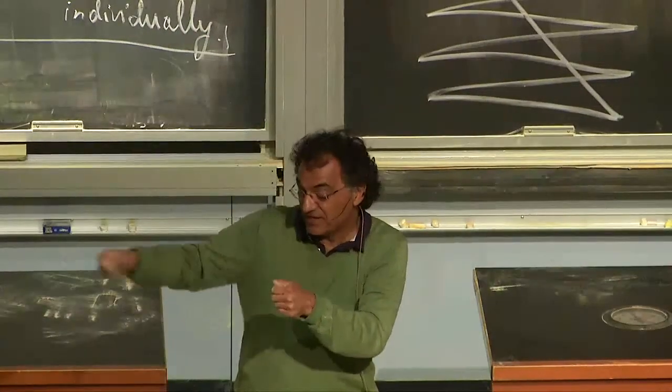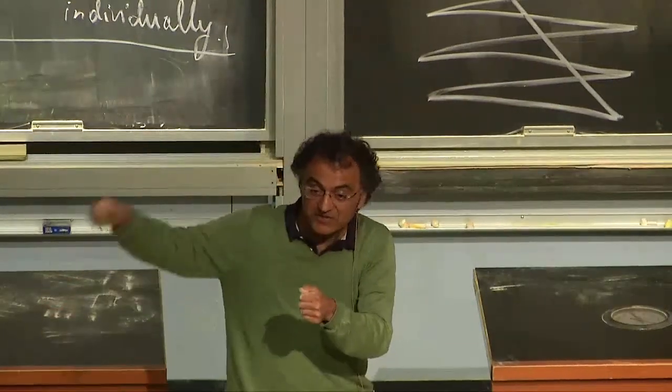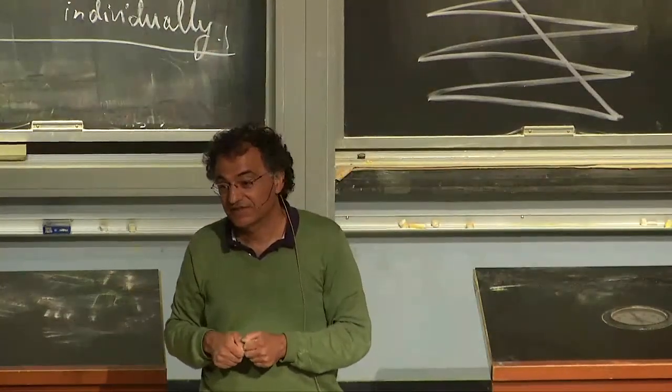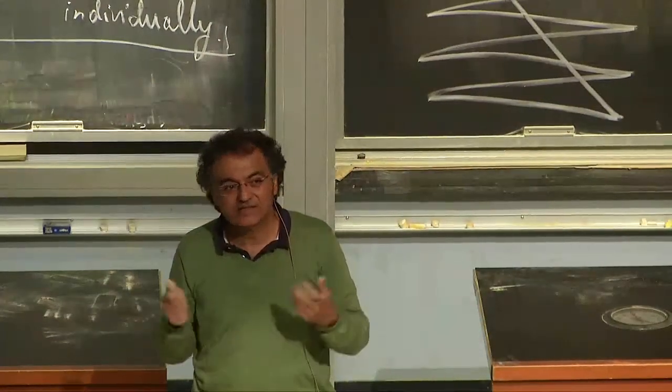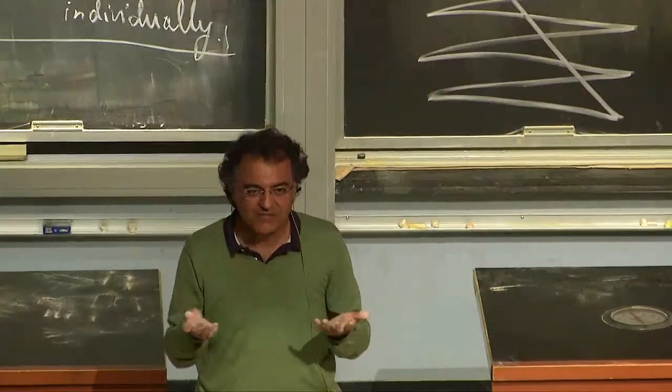The only way this can be is if one of them moves at least n over 2 steps, right? So one of them is going to move into her top half if all the men move down into their bottom half.